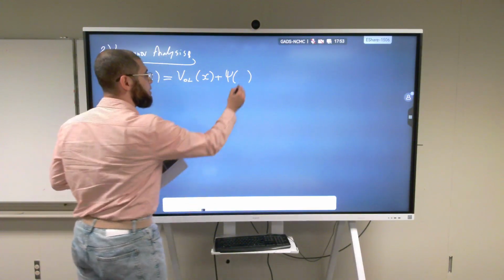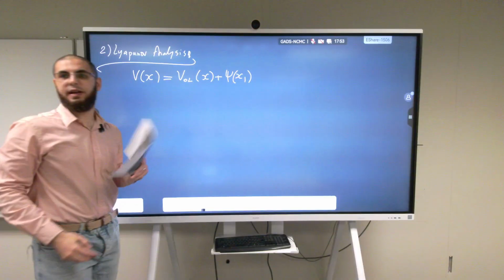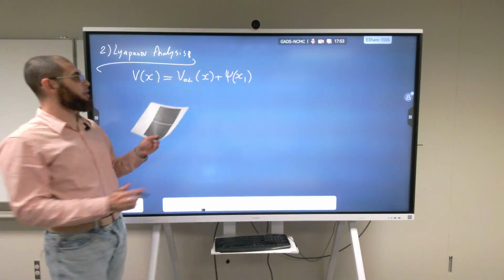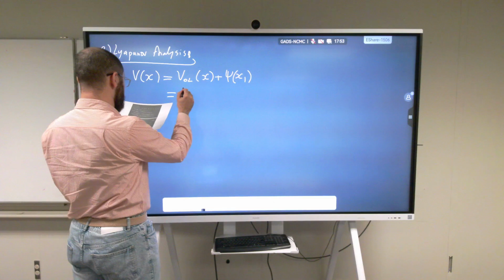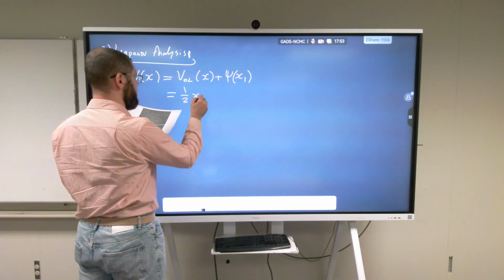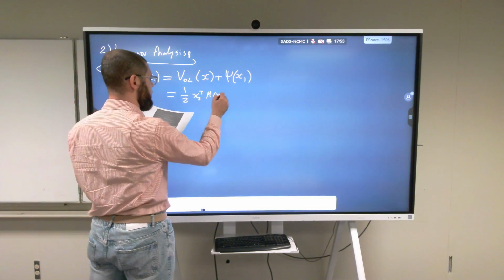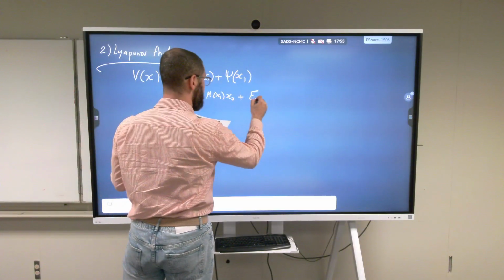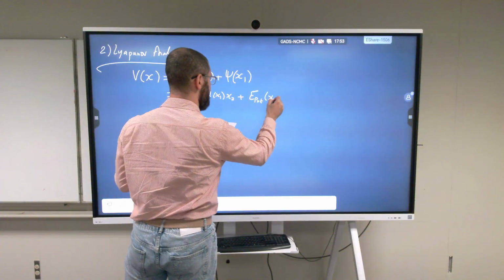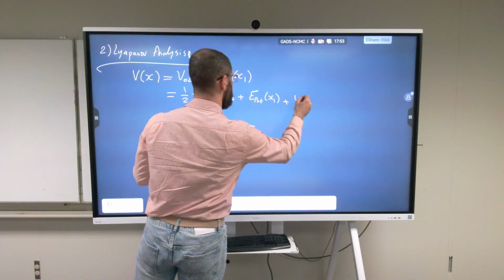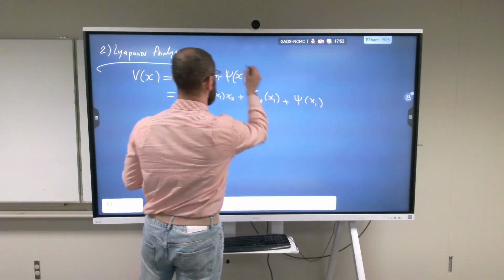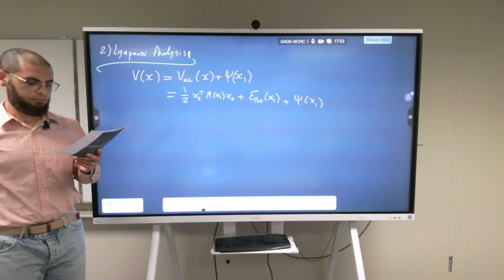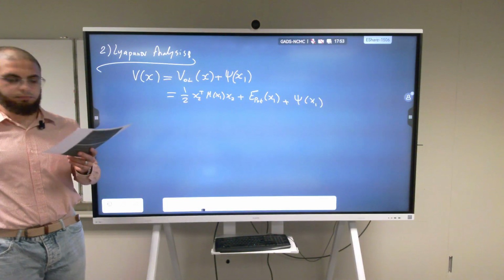We just add a function of x1. We did not do anything with x2, we just left it as is. And just to remind you, the open loop part was half x2 transpose M of x1, x2. We had also a part related to the potential energy, which was a function of x1, plus psi of x1. This is what we added here. Make sense?